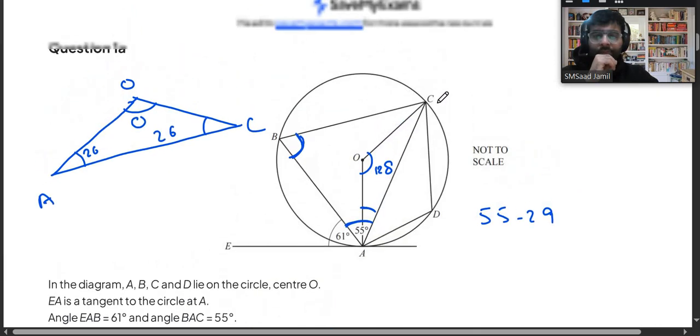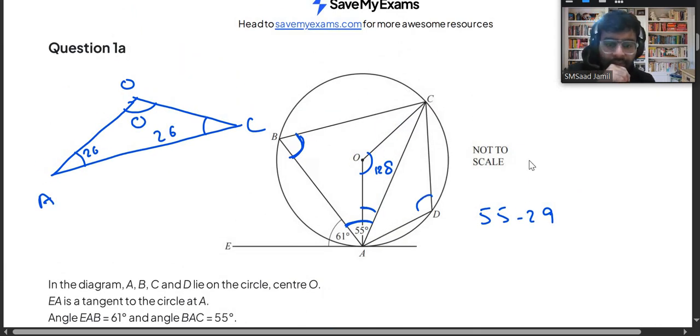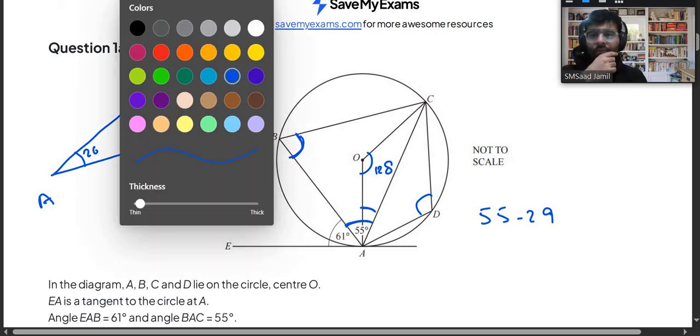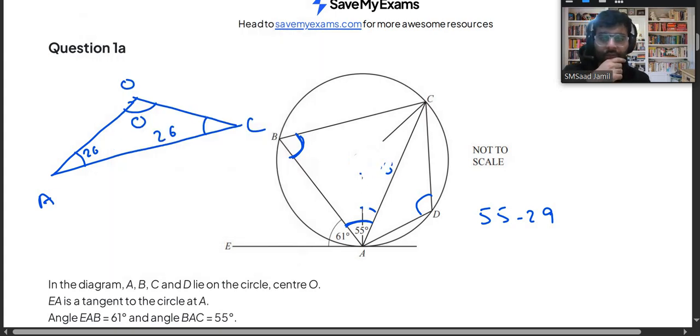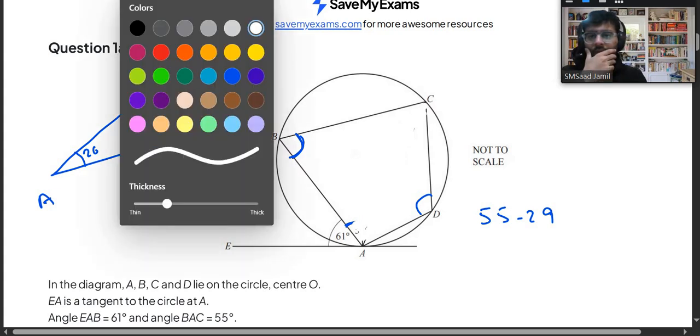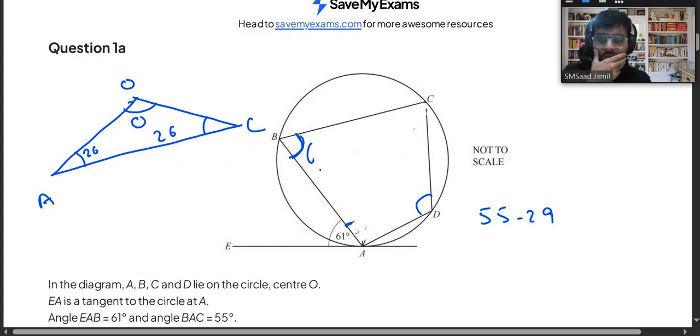Alright. Next question, it says find angle CDA. Now let's go up. They are asking me to find this angle. So look guys, in order to make things easy for you, I'll make all of this white. Imagine there is nothing over here. Now, this angle is 64.